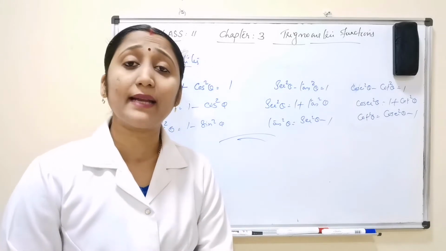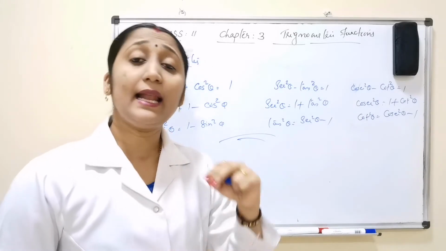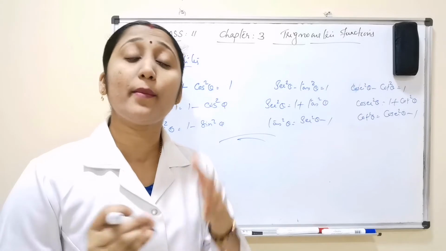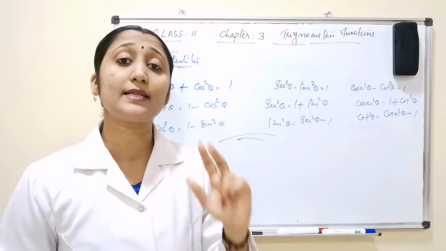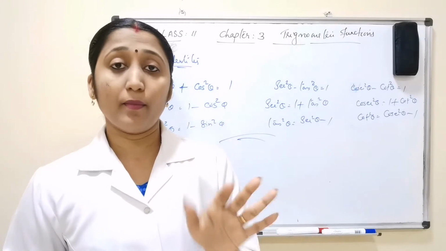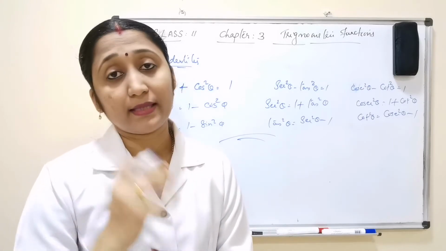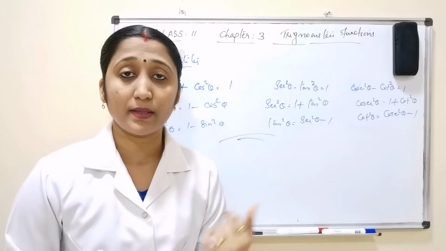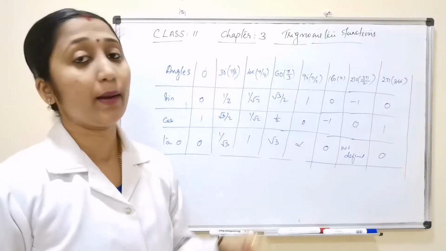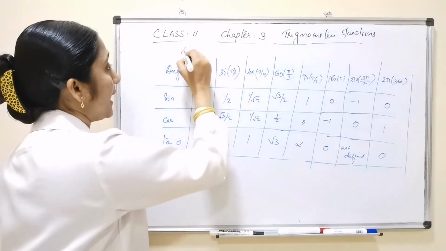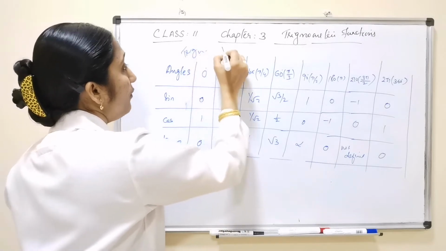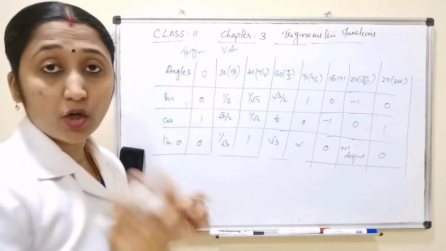Next we want to find the trigonometric values. In the last class we discussed the trigonometric values for 30, 60, 45 and 90, but here we want to know the values up to 360. Let us see the table. Here I have drawn the table of trigonometric values.